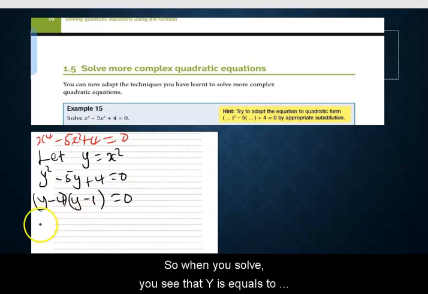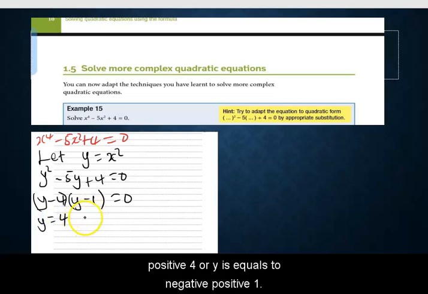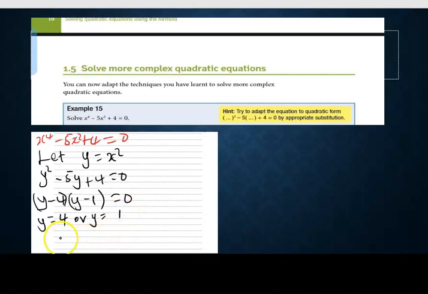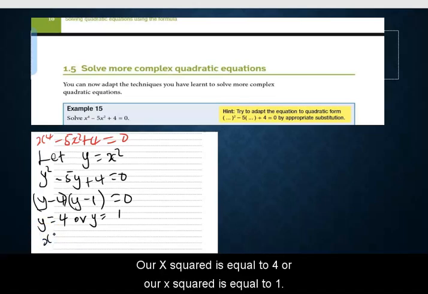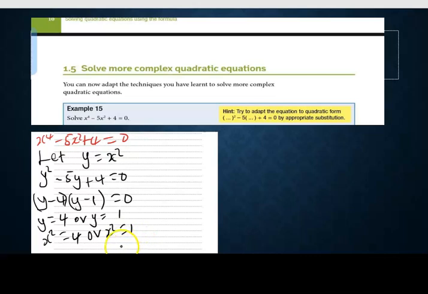So when you solve, you will see that y is equal to positive 4 or y is equal to positive 1. What will be our x squared? Our x squared is equal to 4 or our x squared is equal to 1.